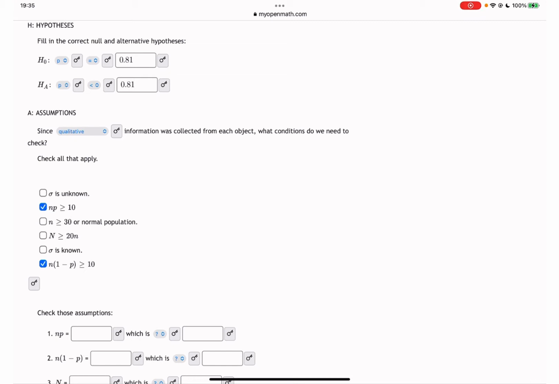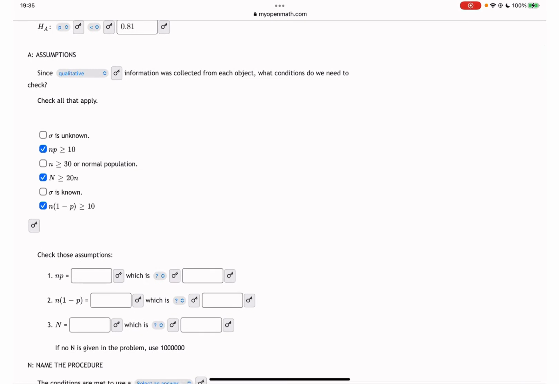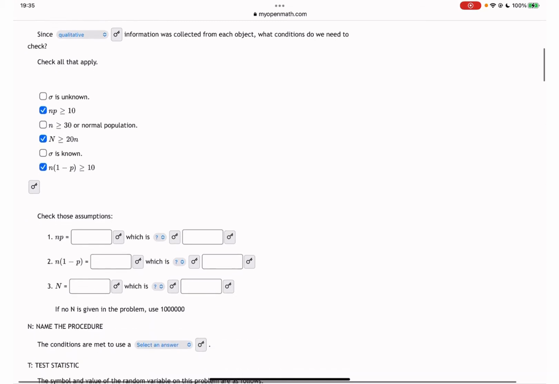And third, the population size has to be greater than or equal to 20n. These three conditions need to be true to qualify for the next solution.